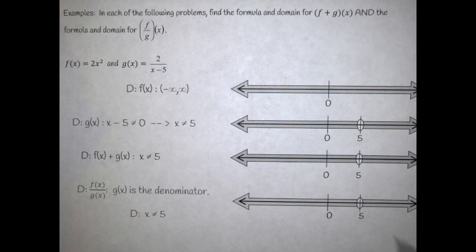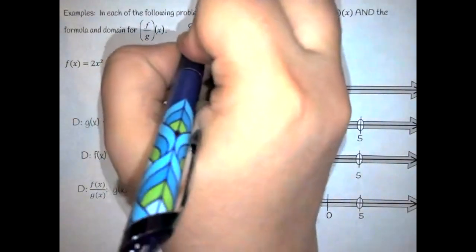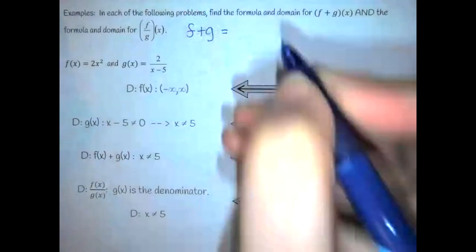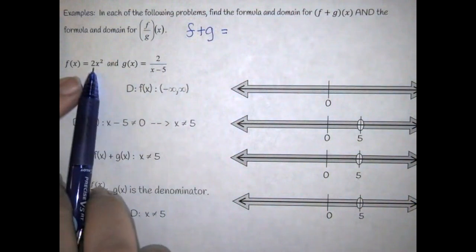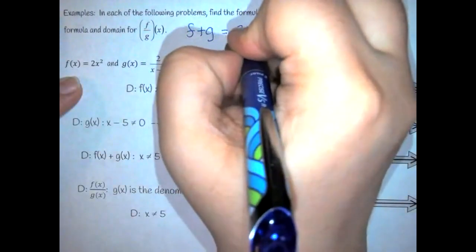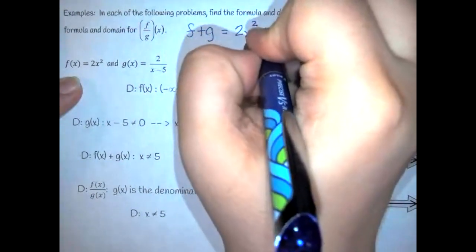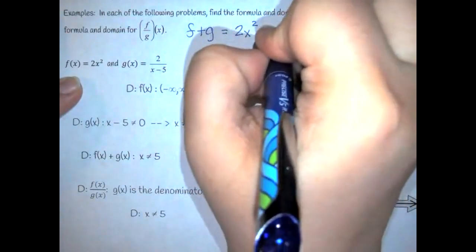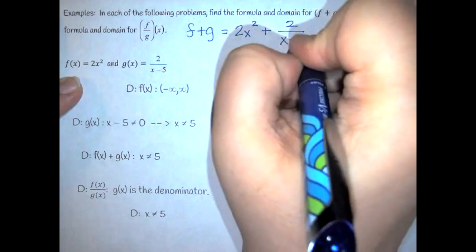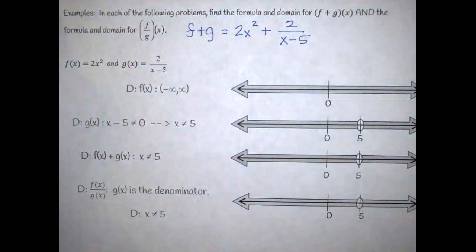When we do f plus g, it's as simple as adding them together. So this is going to be 2x squared plus 2 over x minus 5. There really isn't a whole lot to simplify, so most of the time you could just leave that as is.